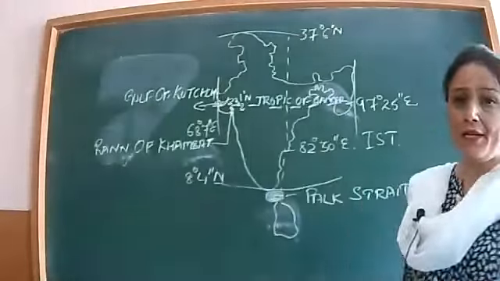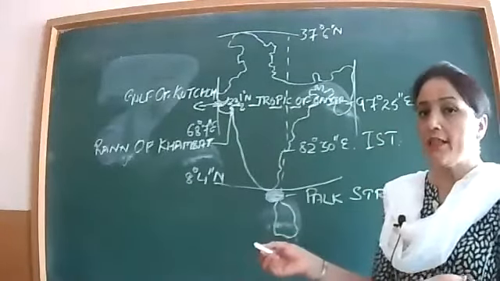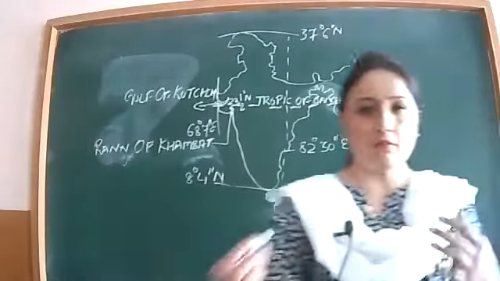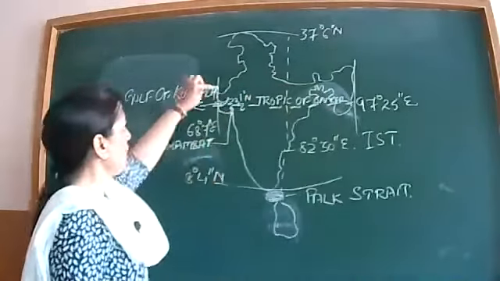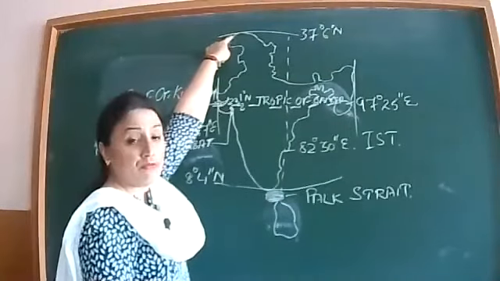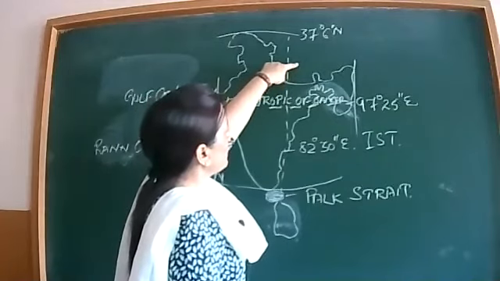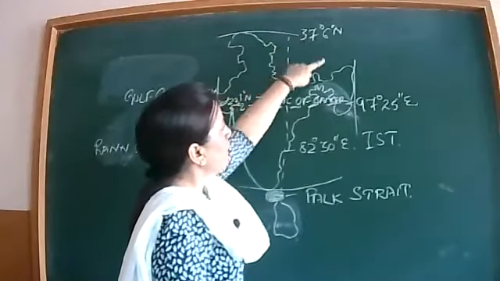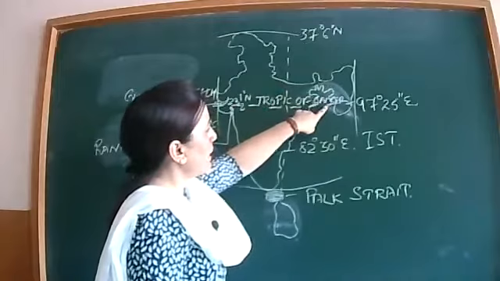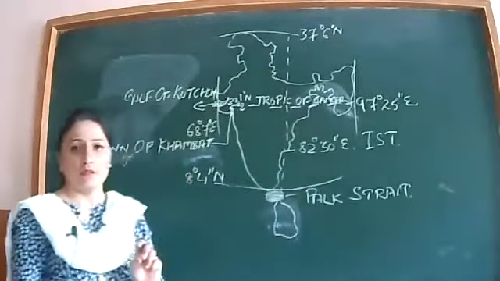Next is about islands and neighboring countries. I think 9th class students know it very well, but even then just repeating. Here we have Pakistan. This is the border with Afghanistan, Nepal, Tibet, China, Bhutan, Bangladesh, Myanmar, and Sri Lanka.